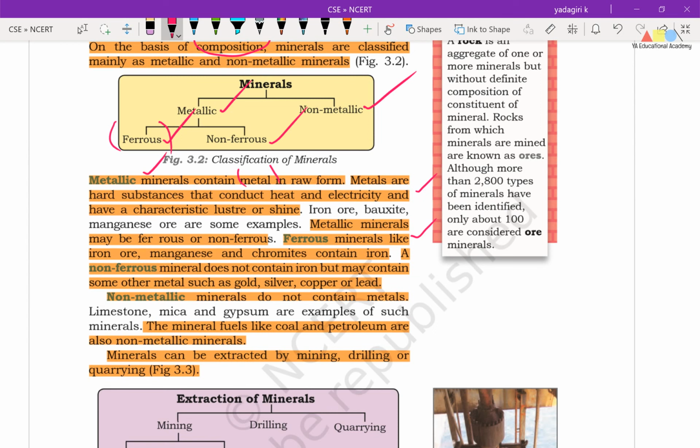Ferrous minerals like iron ore, manganese and chromite contain iron. A non-ferrous mineral does not contain iron but may contain other metals such as gold, silver, copper or lead. Friends, non-metallic minerals do not contain metals. The mineral fuels like coal and petroleum are also non-metallic minerals.